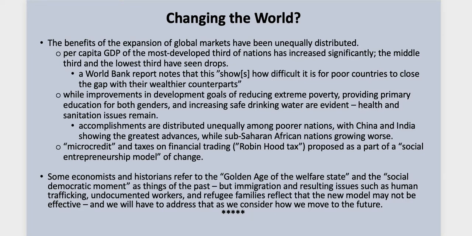These things are going to force nations to consider what kinds of programs they can afford, but are also going to force nations to realize that there are human needs that are going to have to be dealt with, and how long can we rely upon the beneficence of wealthy people to take care of the problems of the world. Governments are going to have to take responsibility for these things, and that's why I believe the pendulum is going to swing back, and we're going to see more social democratic models in the future.